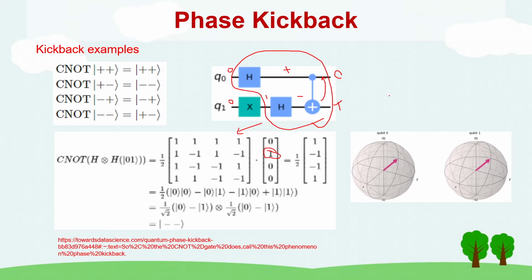I do not know whether you are aware, for a multi-qubit system, for example a 2-qubit system, we will have amplitudes of 00, 01, 10, 11. When I say 01, all other amplitudes are 0.